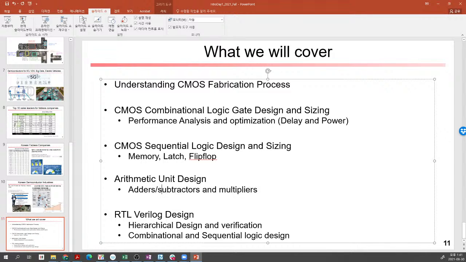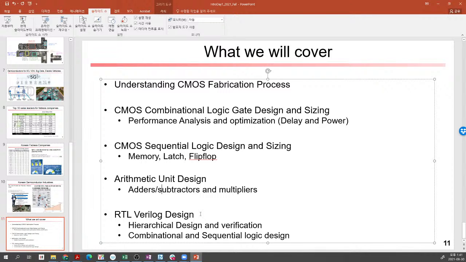And once we learn all these arithmetic unit designs, then we will move on to RTL Verilog design, the hierarchy. In this register transfer level Verilog design, we write code for synthesis.